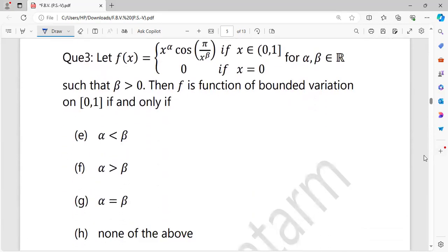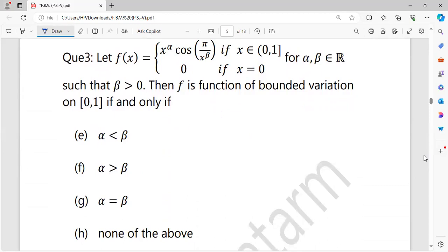Now see this question. f(x) is equal to x to the power alpha cos(pi upon x to the power beta), for x belonging to (0, 1], and it is 0 if x is 0, such that beta is greater than 0.